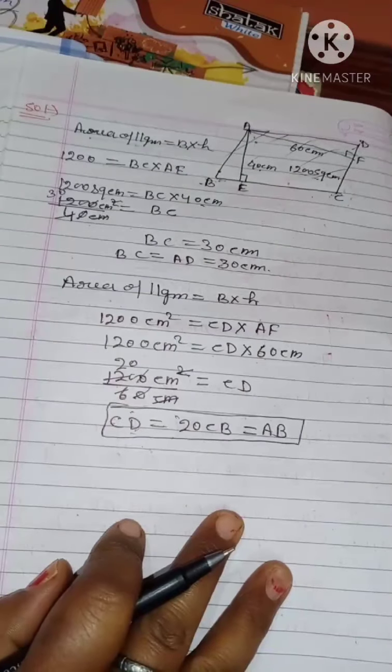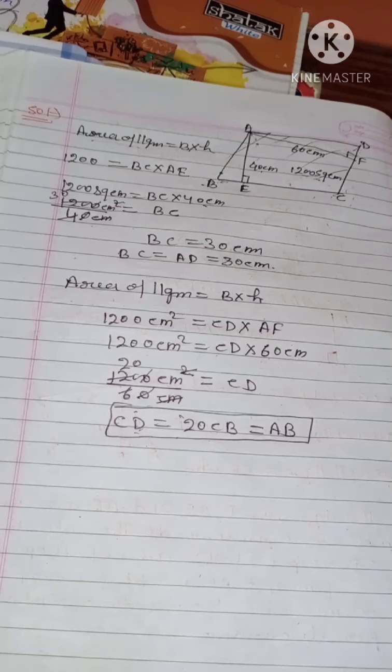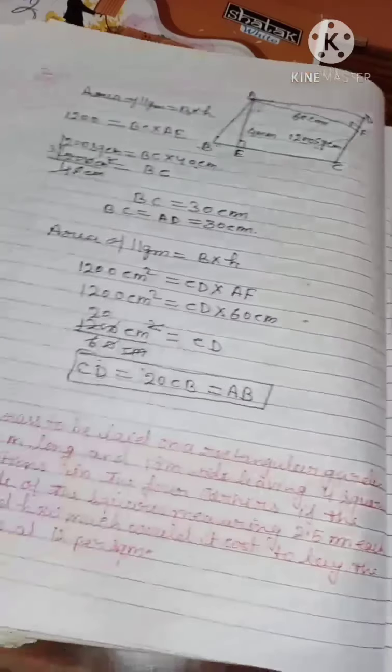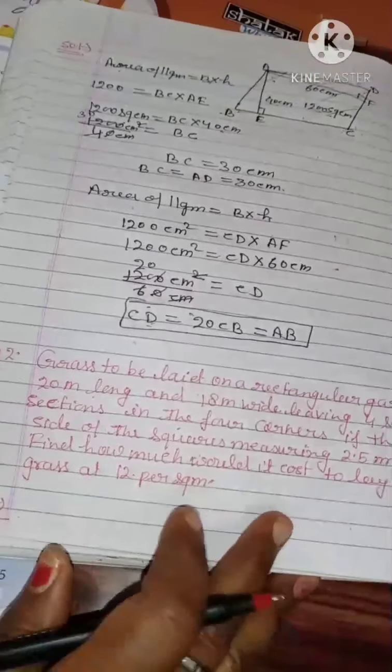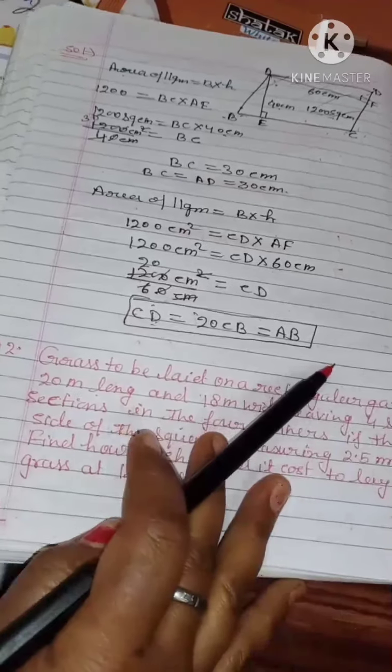Now, come to the second question. Yes, beta, see the next question. Grass is to be laid on a rectangular garden. See in your book, now I am showing this question.